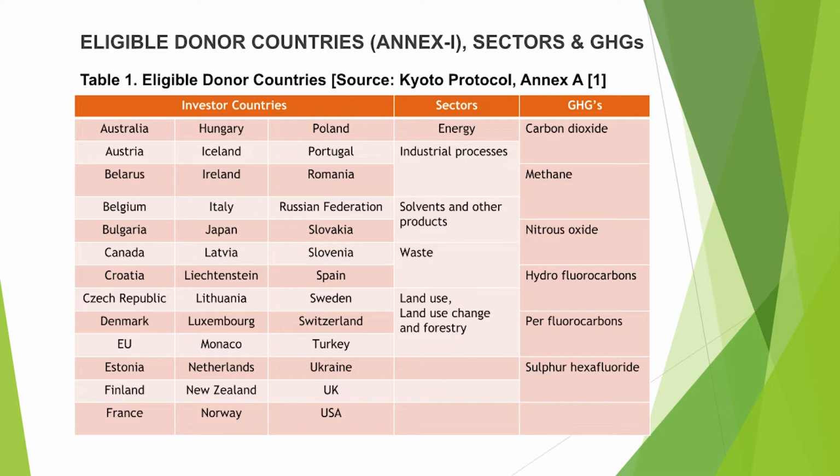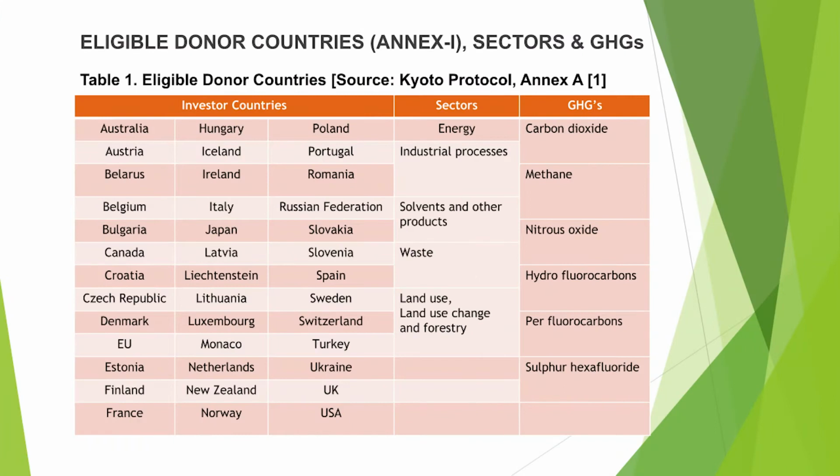These countries include Australia, Austria, Belarus, Belgium, Bulgaria, Canada, Finland, France, Italy, Japan, Ireland, Iceland, Hungary, Monaco, New Zealand, Netherlands, Norway, Poland, Portugal, Romania, Slovenia, Spain, Sweden, Switzerland, Turkey, UK, USA, Ukraine, and there are many more countries which can provide these CDM projects to the developing countries.